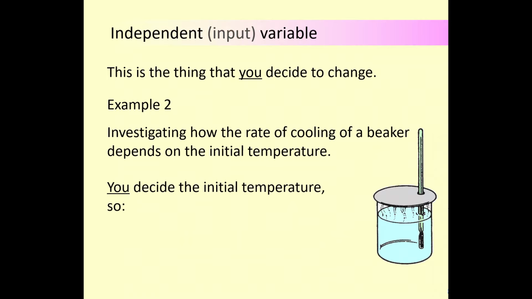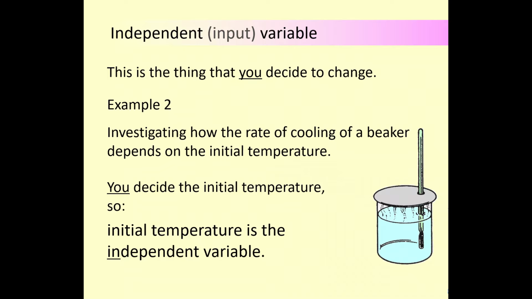And then we note down the temperature of the water during the cooling of water stored in this beaker. The rate of cooling of beaker depends on the initial temperature you start with. So initial temperature is the independent variable.